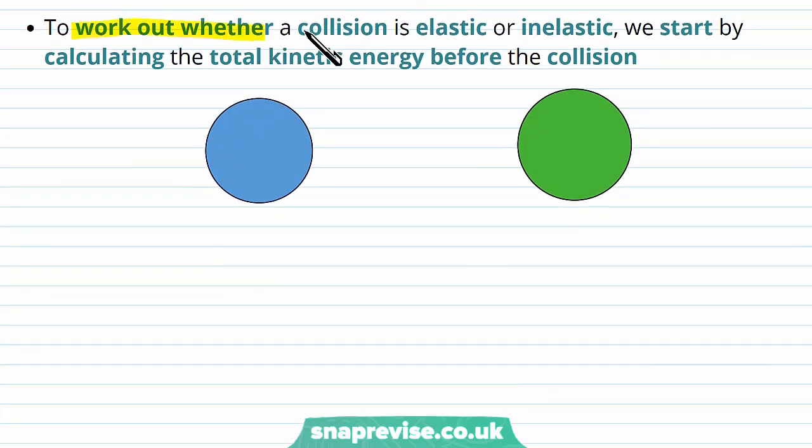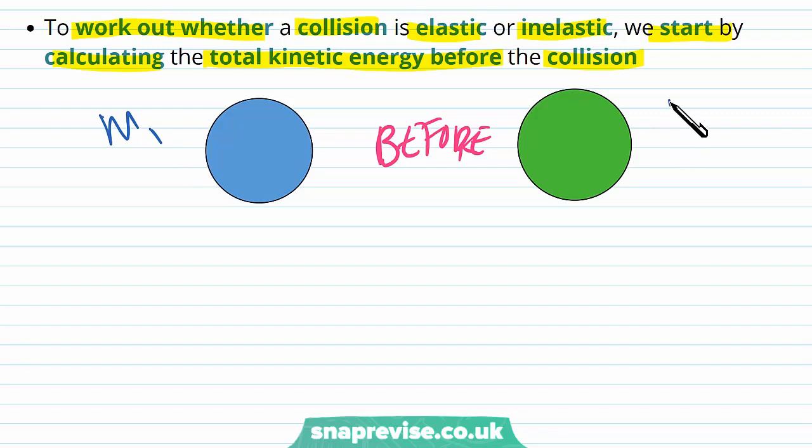To work out whether a collision is elastic or inelastic, we start by calculating the total kinetic energy before the collision. So here we're considering the kinetic energy before. So each ball has a mass m1 and m2 respectively, and velocities u1 and u2. So those are its initial velocities.